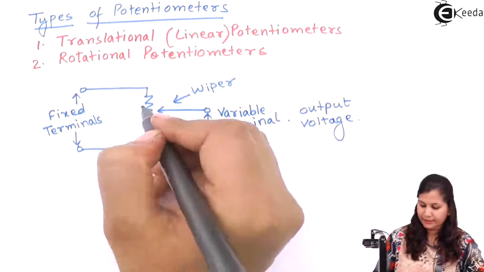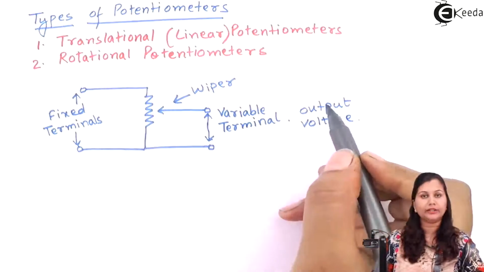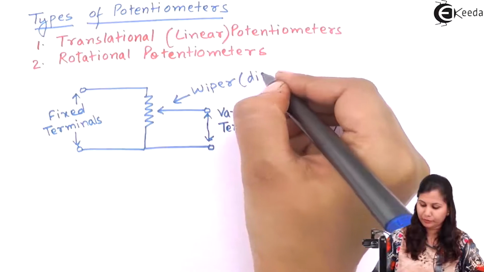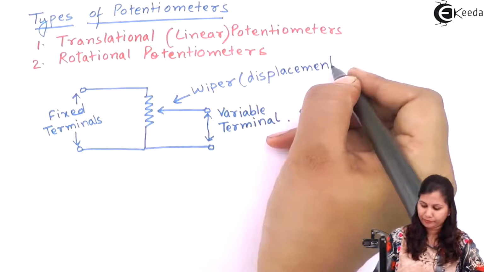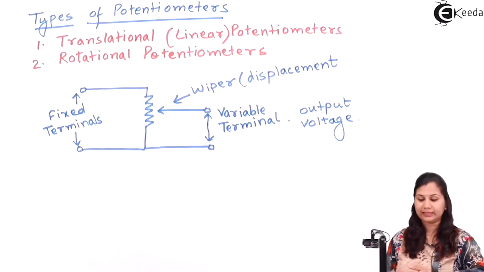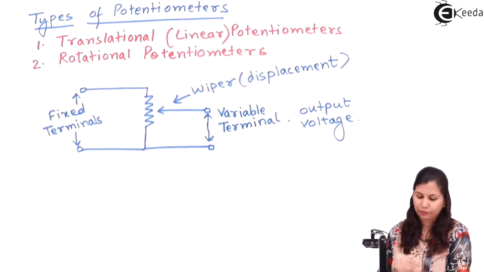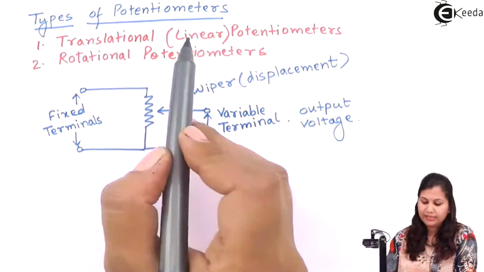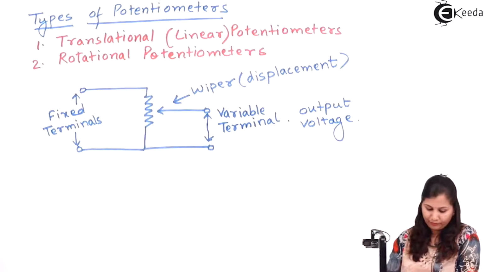So this input, that is the displacement, is converted into the output voltage. The displacement is the input due to the movement of this wiper. So basically the potentiometer is converting the displacement into the output voltage. Now let us start with the translational or linear potentiometers.